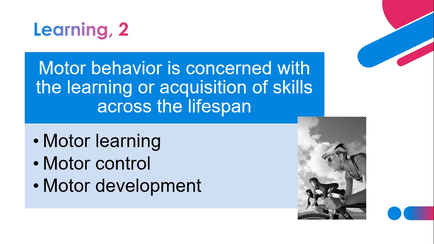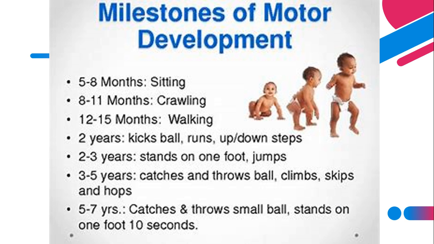So motor behavior is concerned with the learning or acquisition of skills across the lifespan. So it includes motor learning, motor control, and motor development. And if you have children or you have brothers and sisters, these are the milestones of motor development. So at 5 to 8 months, they should be sitting on their own without any help.